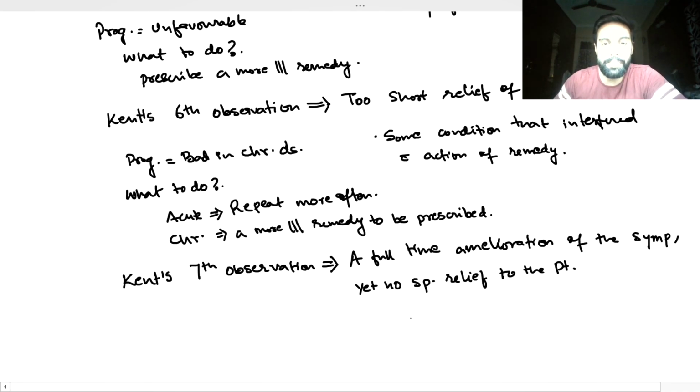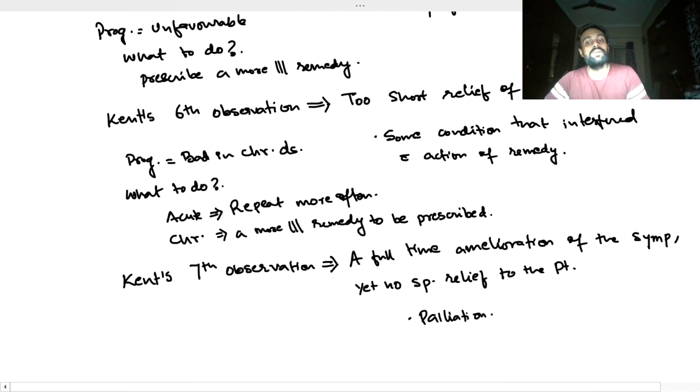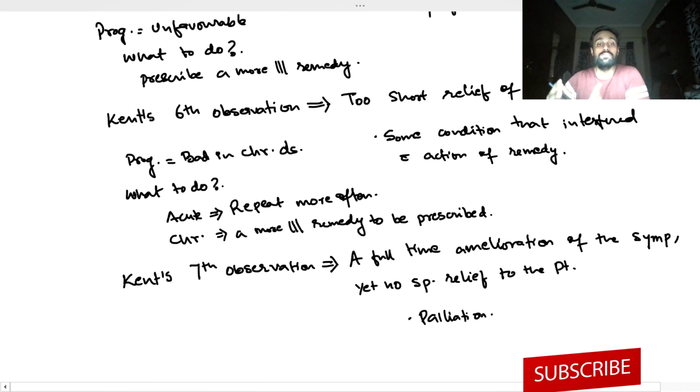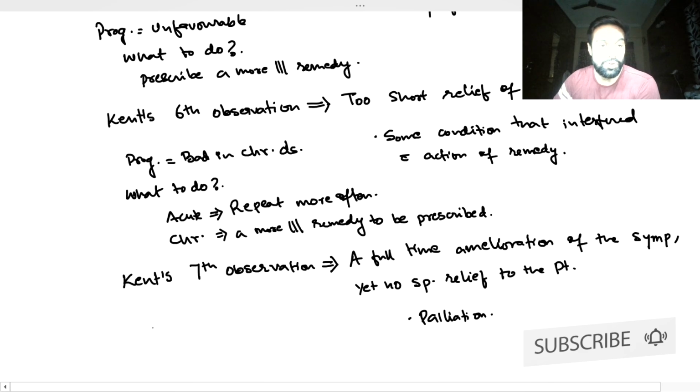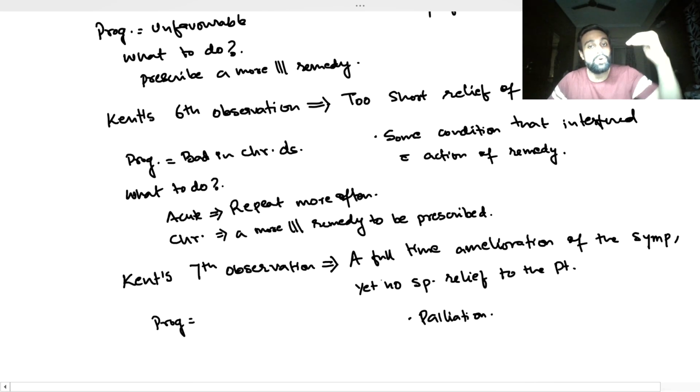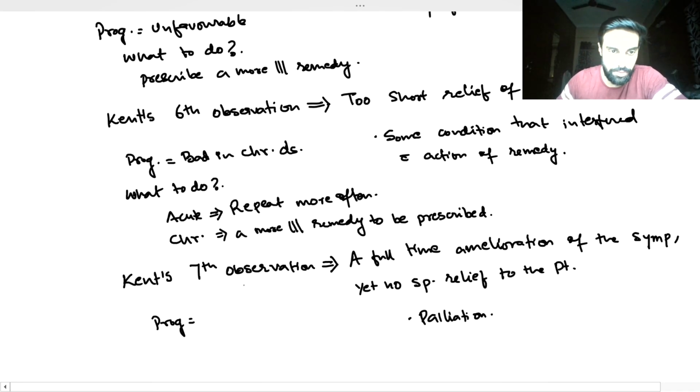Now, this is an example of palliation. So, if you get an MCQ, palliation has been mentioned, or palliation is which observation of Kent? So, the answer is seventh observation. And the prognosis is obviously bad because you are only able to cure the patient to a certain point. So the prognosis is bad.